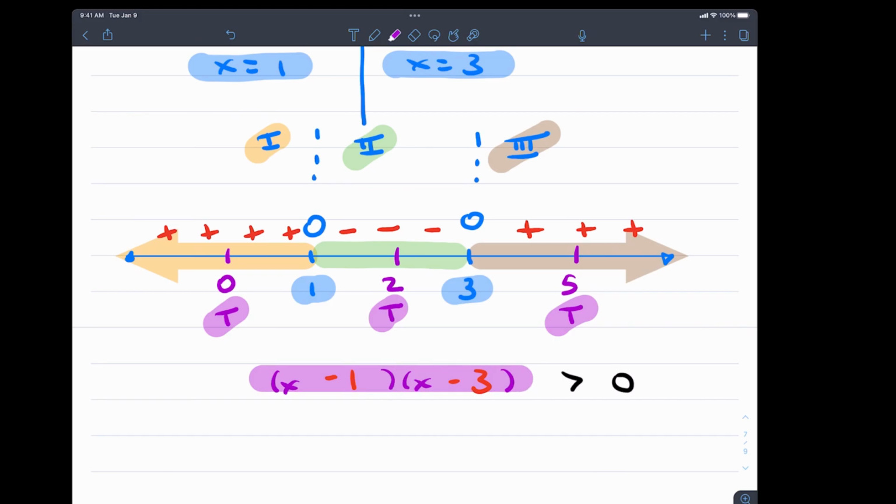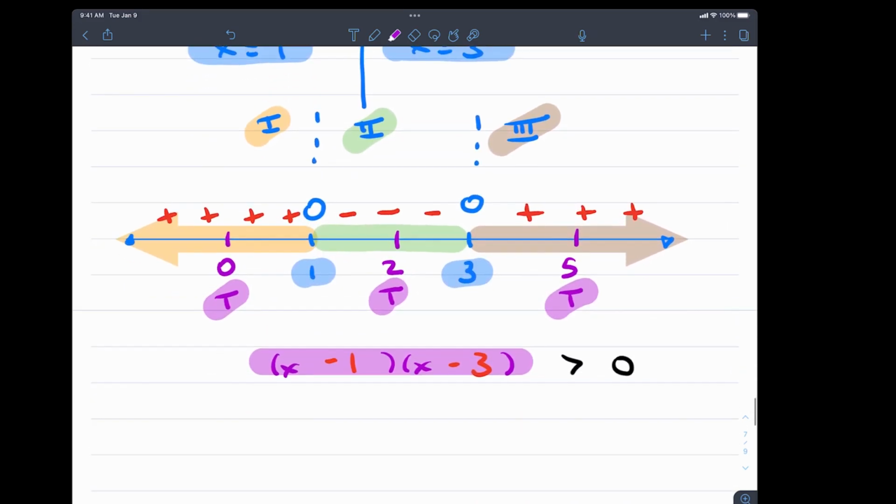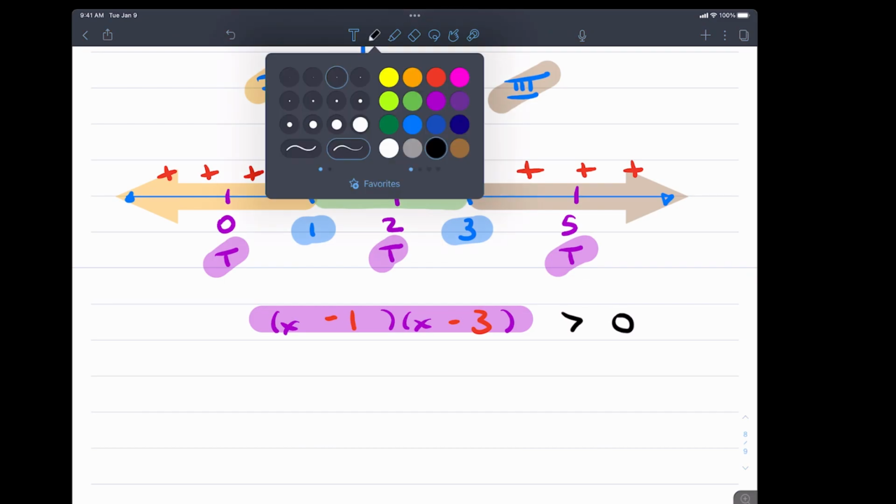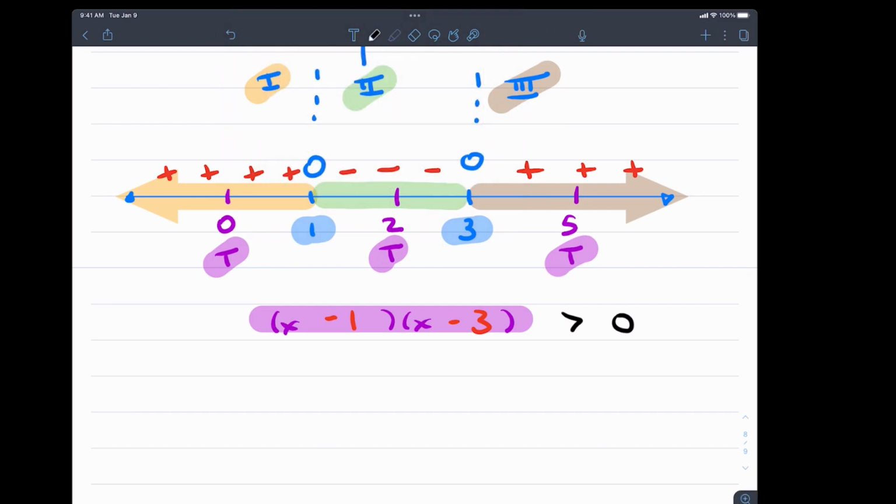This is the whole reason for doing all this work. We talked about that yesterday. What did that mean? Positive. Good.